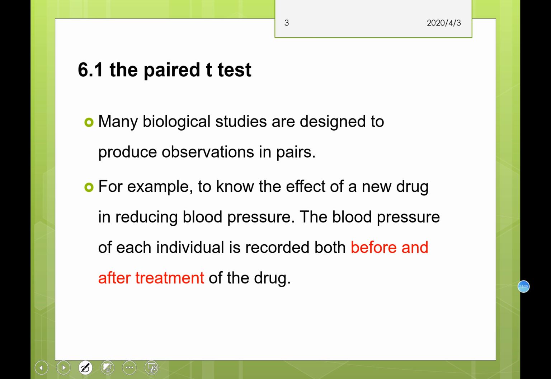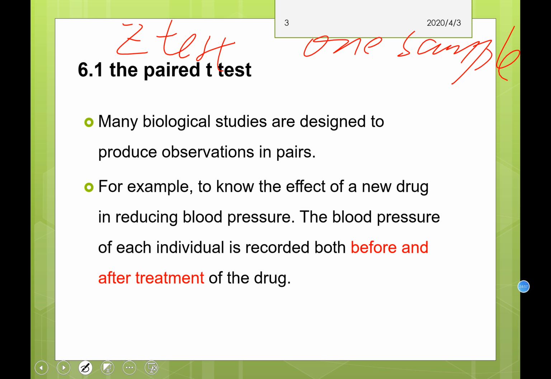In chapter 6, we have two kinds of T-test. Please notice that there is no Z-test used in two samples test. So Z-test, what we have learned, is only used for the one sample test.